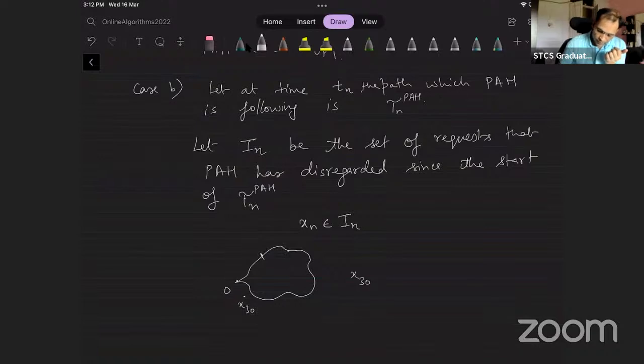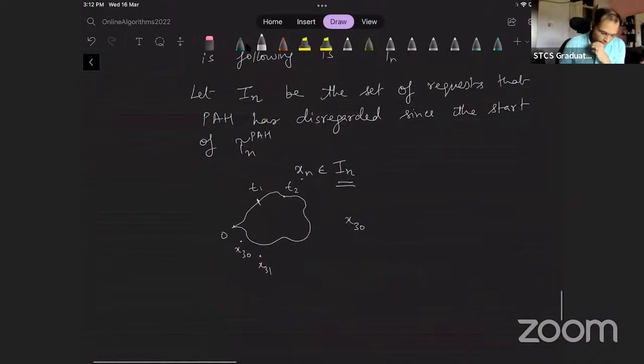Then some other time, so T1, T2, let's say X31 arrived, it disregarded X31 and so on. So IN contains all these requests. In particular, definitely contains the last one. All right, definition of IN clear? So IN is not a singleton. It could possibly contain more than one element other than XN.